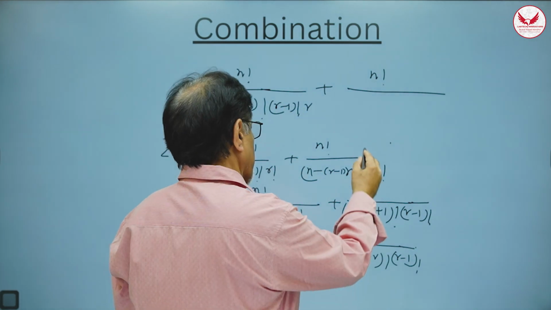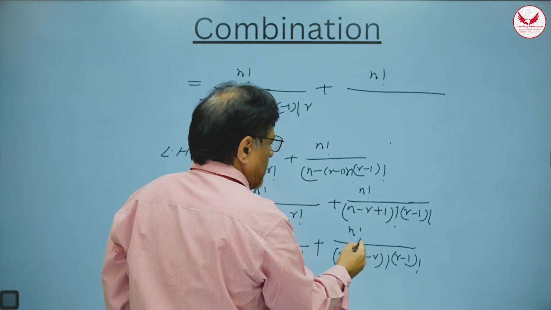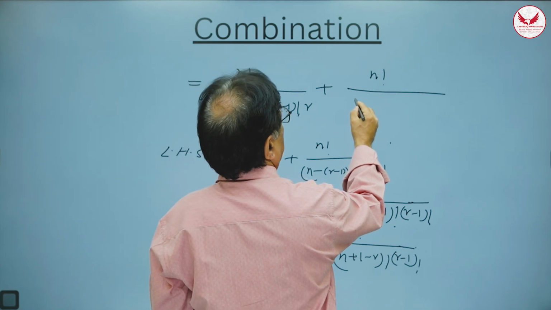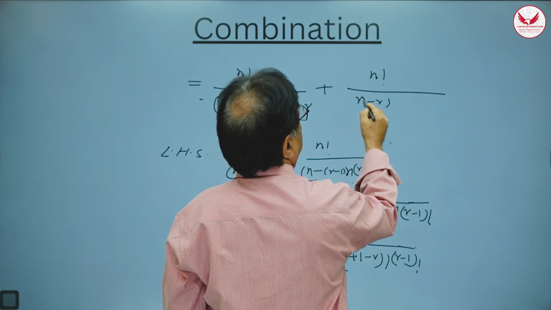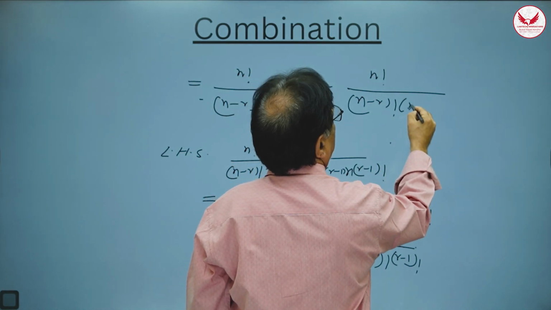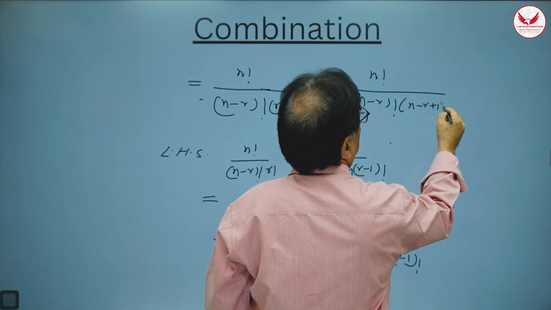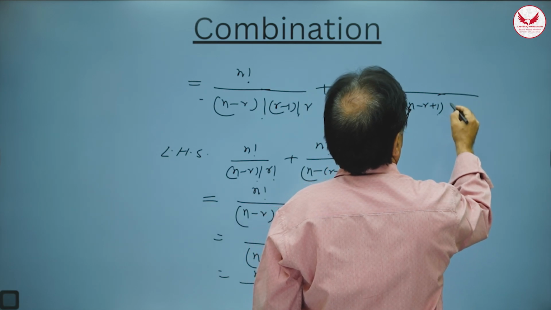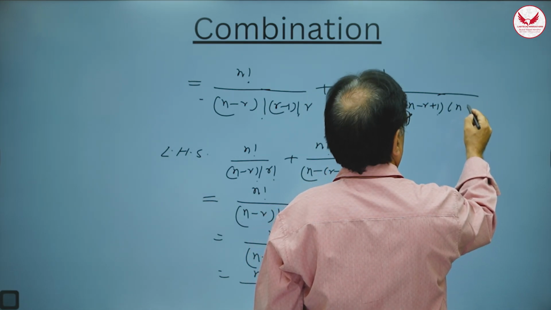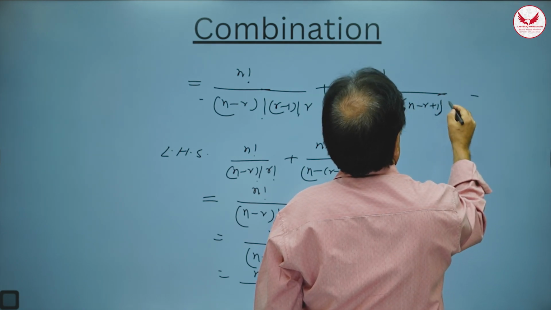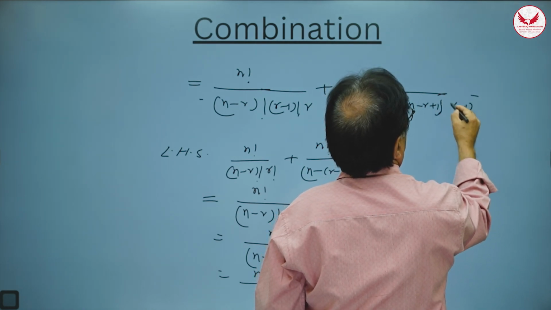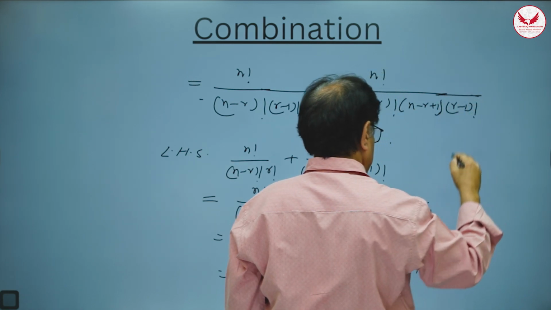Similarly here, this (n minus r plus 1) factorial can be written as (n minus r) factorial multiplied by (n minus r plus 1). Correct? Multiplied by (r minus 1) factorial. Correct?